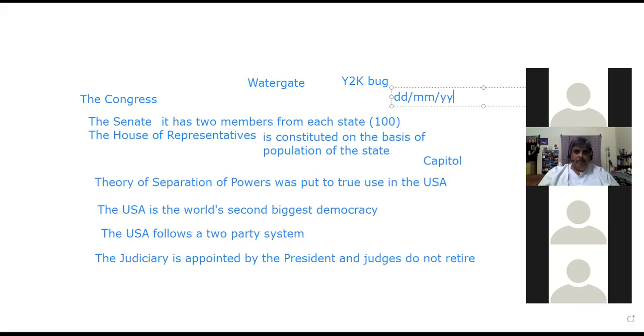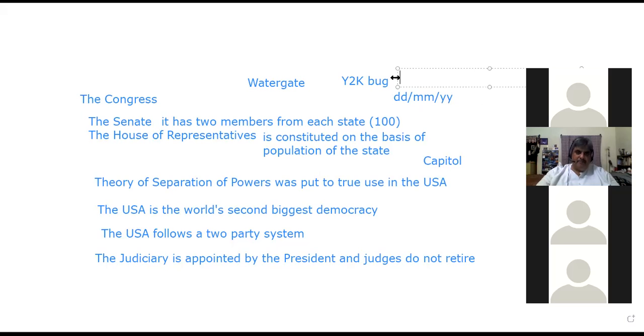This was the format that most of the world used: day, month, and year. The last two digits of the year were used in the 20th century.